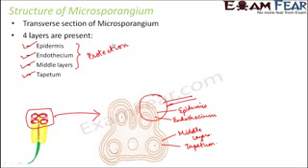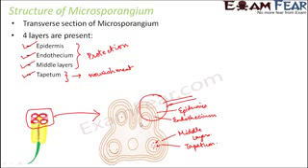They ensure that the microsporangium is safe inside. So their job is only to protect it. What about the innermost layer, that is tapetum? Well, it provides nourishment to the pollen grains. It is going to provide nutrition and everything to the pollen grains, because gradually the pollen grains are going to be formed somewhere here. So the nutrition comes from the tapetum layer.